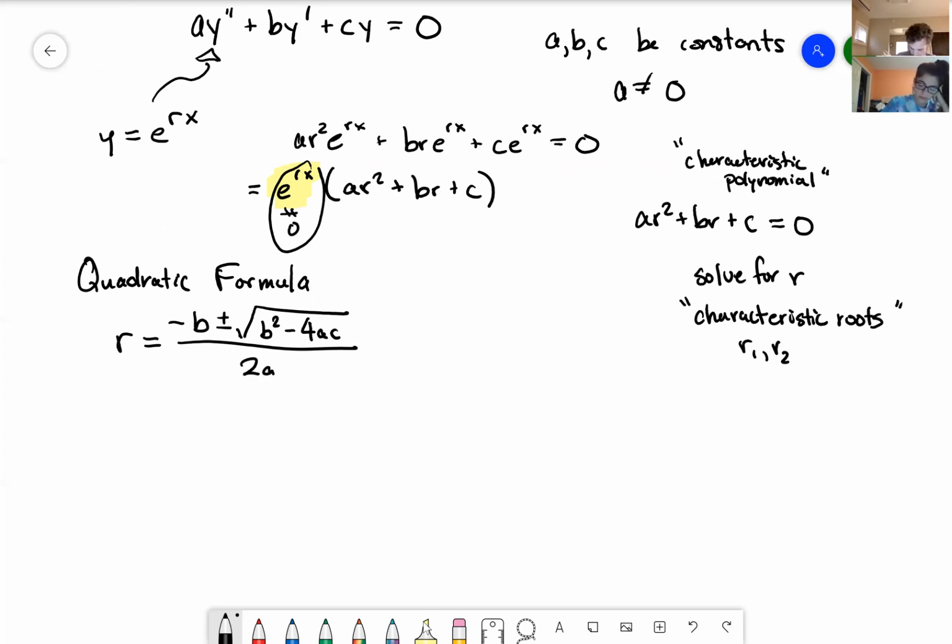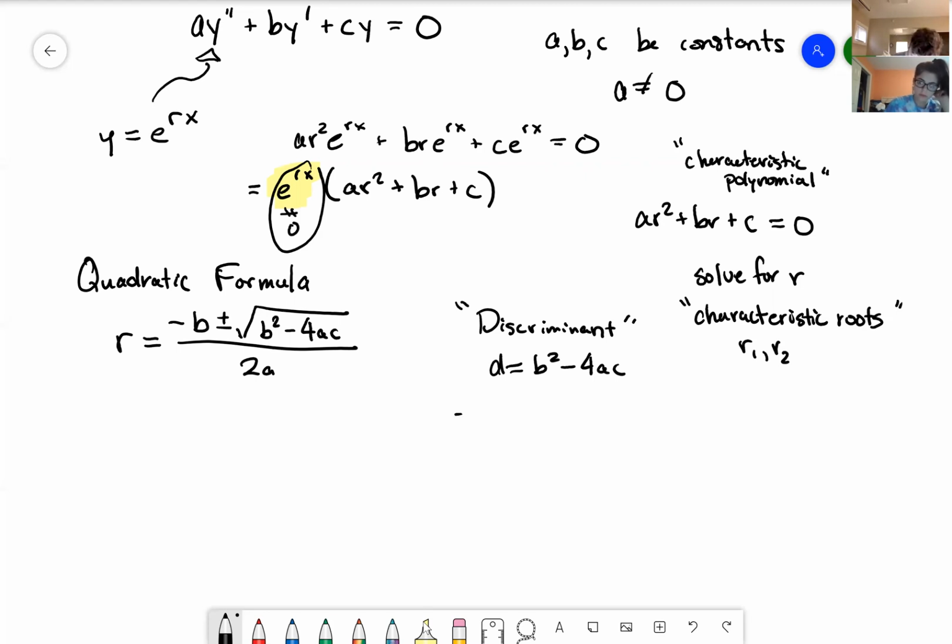And so this gives us two solutions, one for the plus and one for the minus, and we'll consider the different possibilities there. So we have this quantity, b squared minus 4ac, and we call this the discriminant because it discriminates between the three possible cases that we have here.